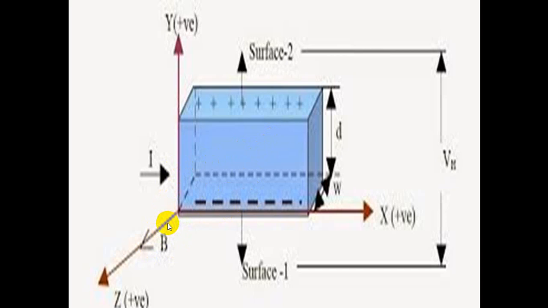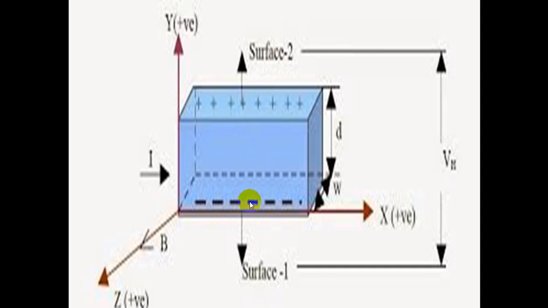So the force exerted on the electrons is nothing but Lorentz force. Due to the Lorentz force, the electrons reach the bottom surface. So that's why the bottom surface possesses negative polarity. So automatically the positive polarity is induced along the upper surface.